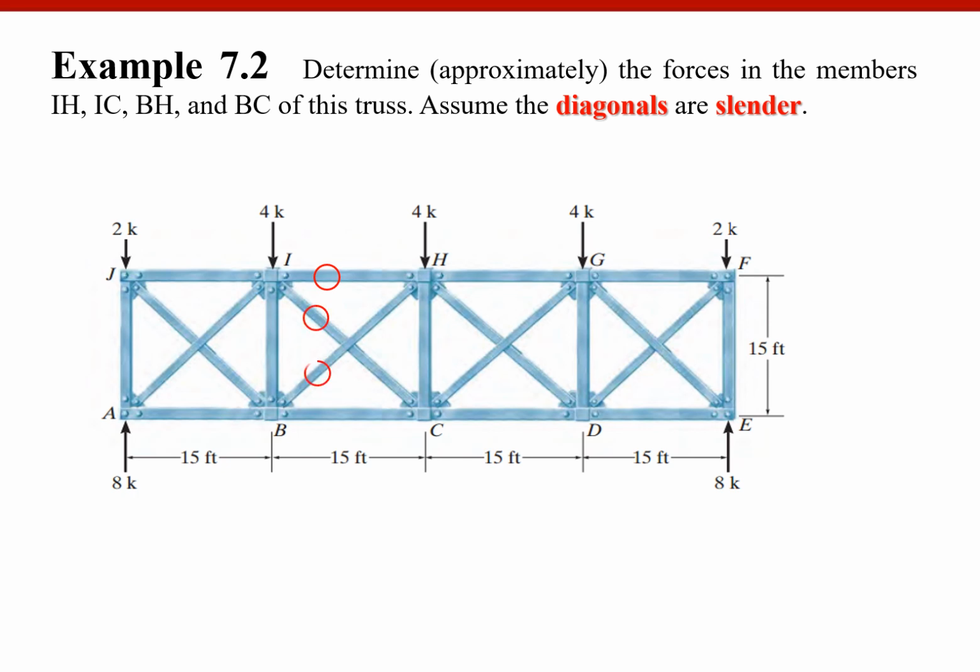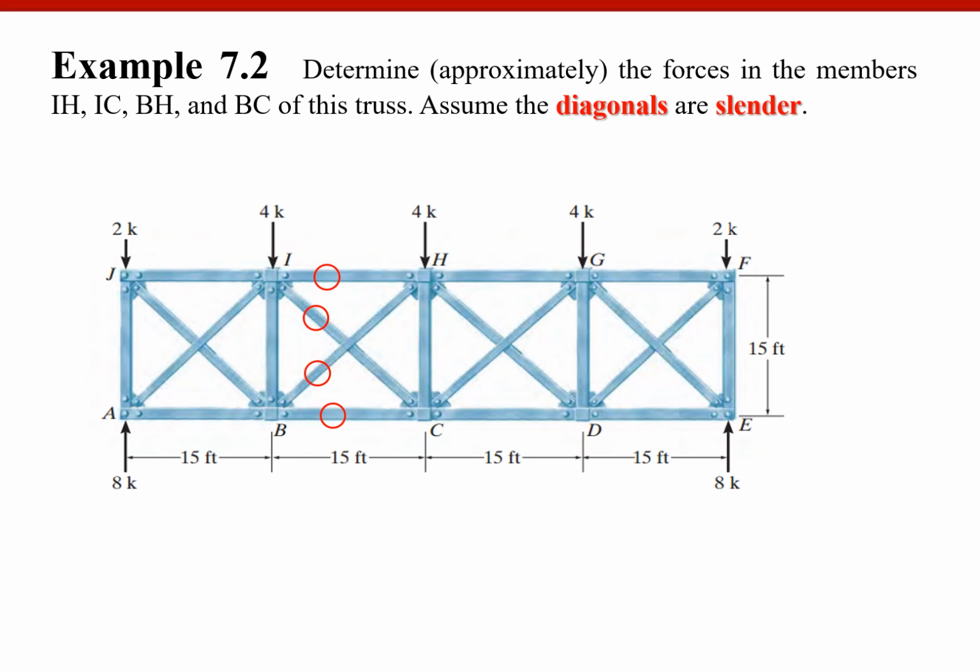Okay, as a repetition, let's solve example 7.2. We have the truss shown, and as you see here, the diagonals are slender, so either X bracing will work, not both of them. Let's say we need to find the member forces here and there, and here and there.